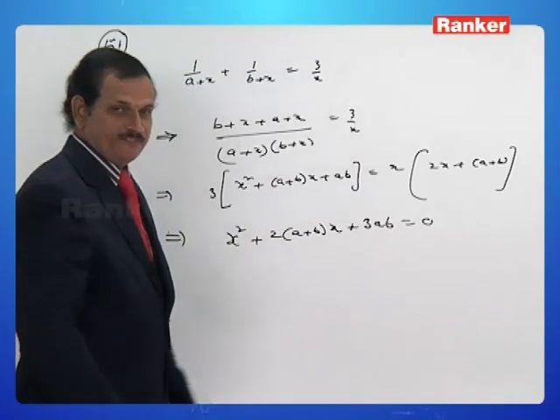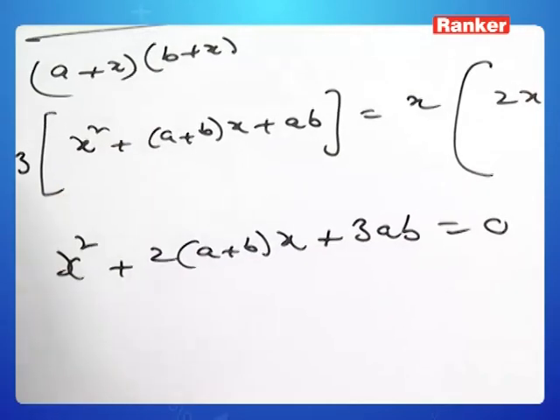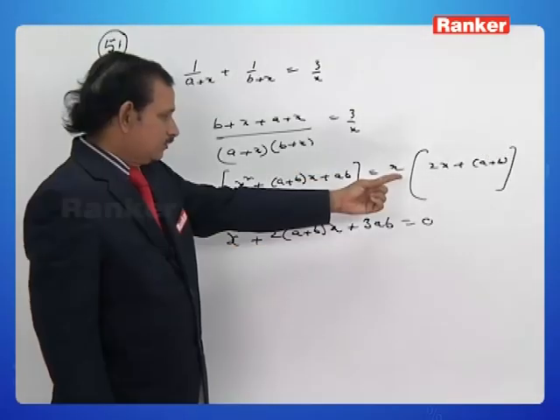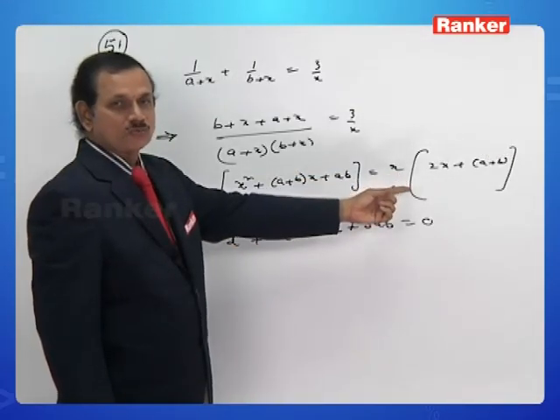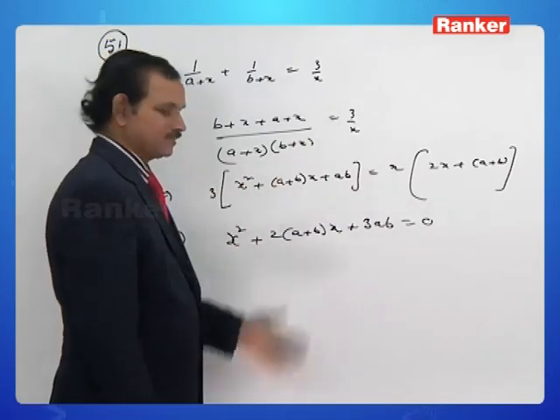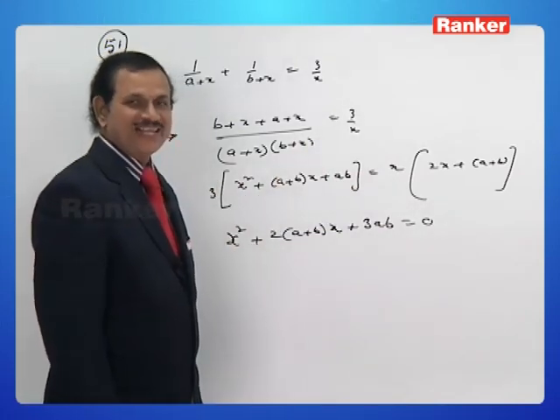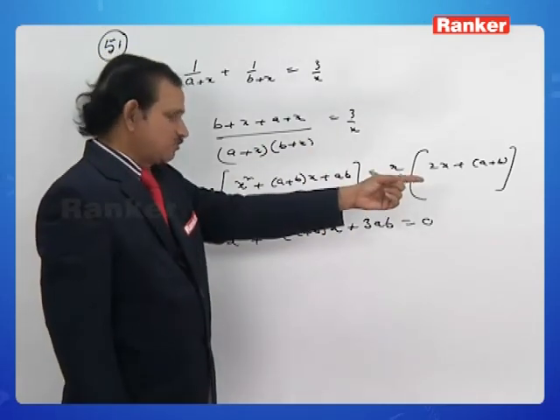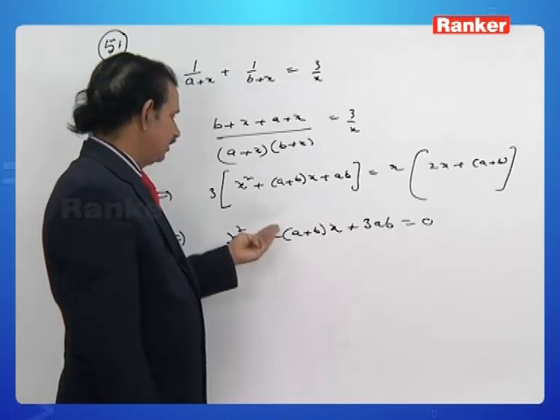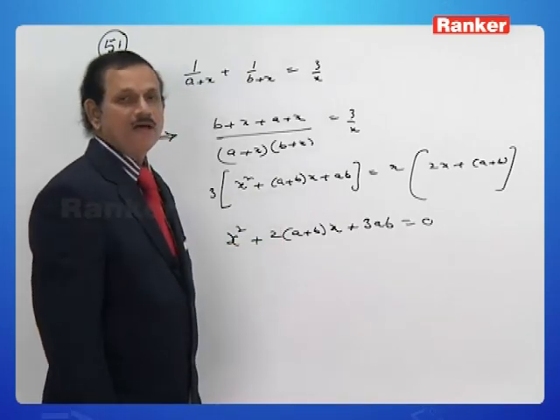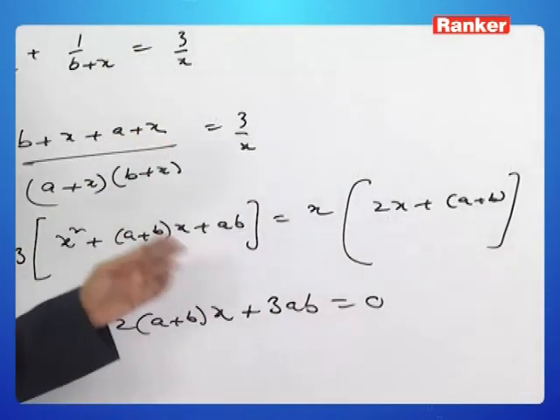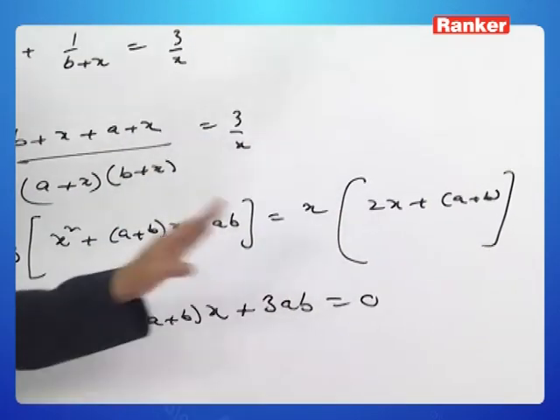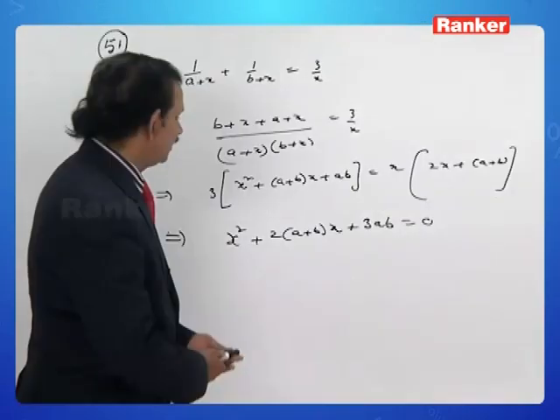If you want, you can verify it once again. x square terms: here these are 3, there it is 2x square, bring it here, it becomes x square. Now, the terms containing x: here it is 3x into (a + b), there it is x into (a + b), bring it here, you will have 2x into (a + b). Now, the constant terms: here it is 3ab, there is no constant term. As a result, 3ab only remains here.